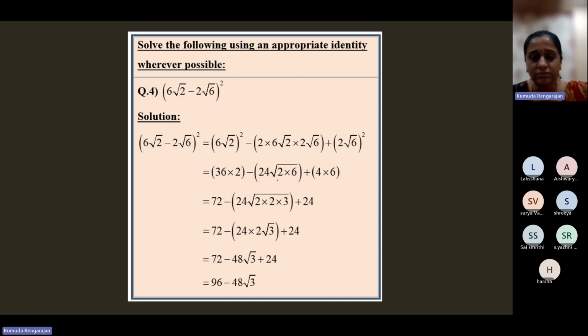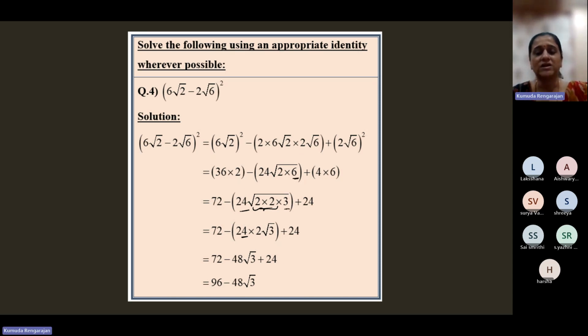And here the middle term, you can factorize 6 further. So whenever you can break down a number, if it's a composite number, you can write it as a product of its prime factors. 6 is 2 into 3. So now you have 2 2s under the square root, so 1 2 comes out. There's already 24 outside the square root, and from these 2 2s, 1 2 comes out.